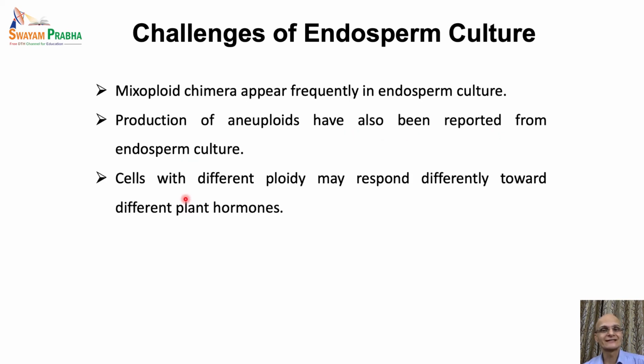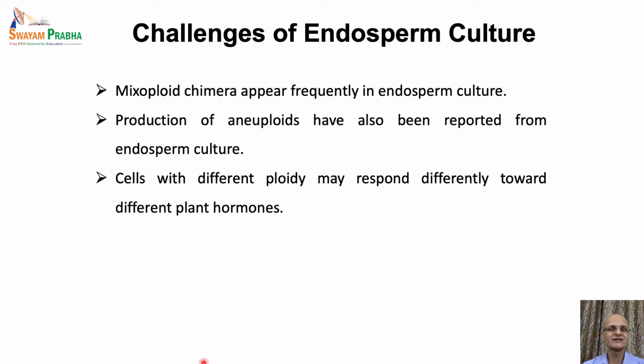Further, cells with different ploidy levels in the endosperm may respond differently to the concentration and type of plant hormones. Therefore, the ploidy of the regenerated plant may vary with the type of hormone used, the concentration, or the combination of plant hormones used to regenerate the plantlets in vitro from the endosperm.